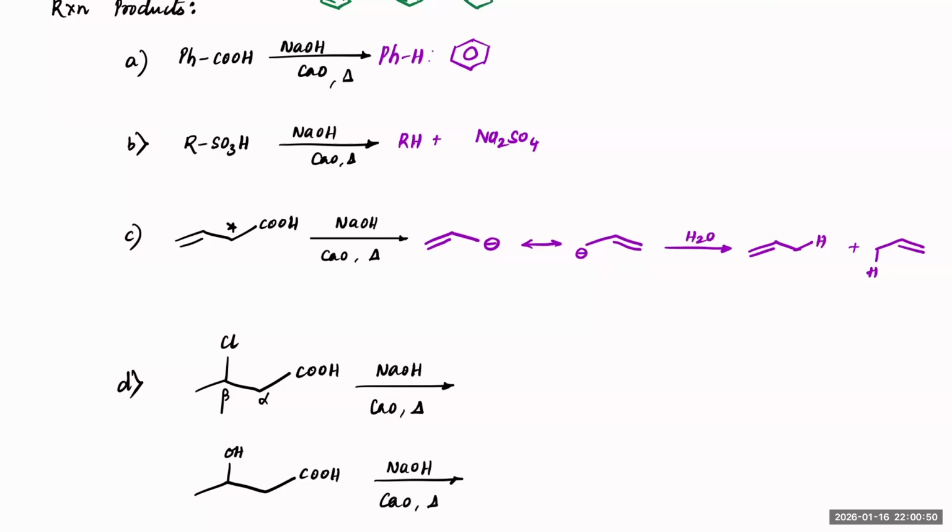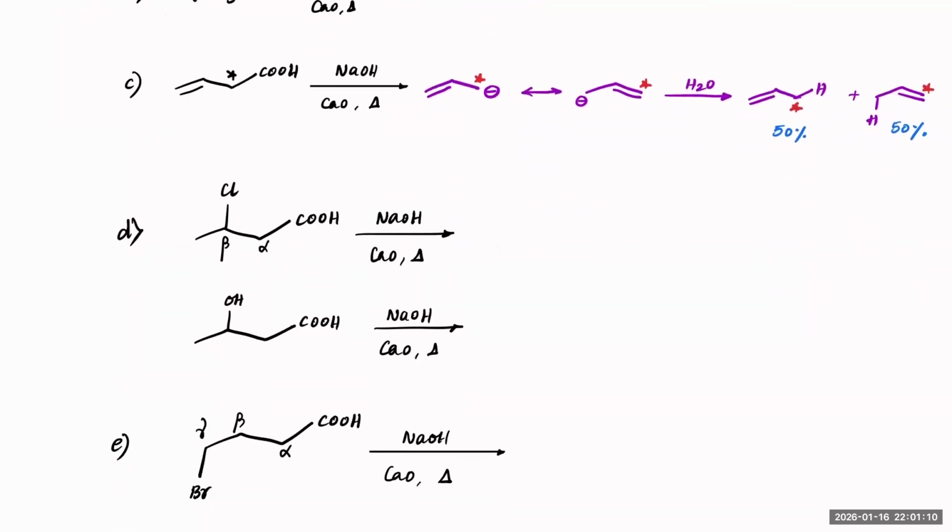And if you notice that this is the isotopic carbon we are talking about, correct? So that means I get two products here. Both of them are allyl forms, and chances of these two are 50-50 percentage. So 50% of this product and 50% of this product. This is what you need to represent.